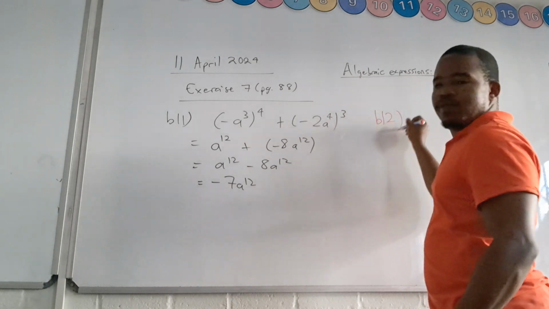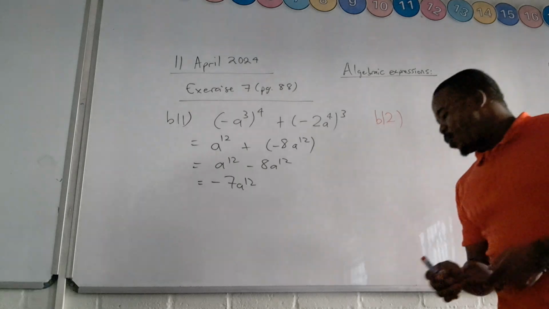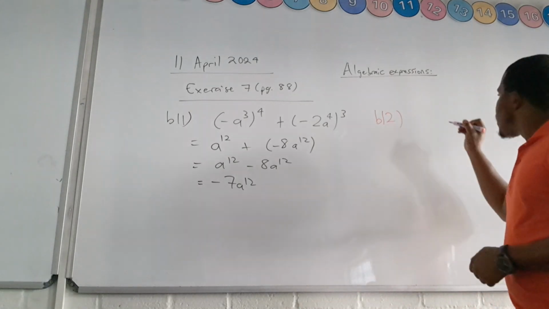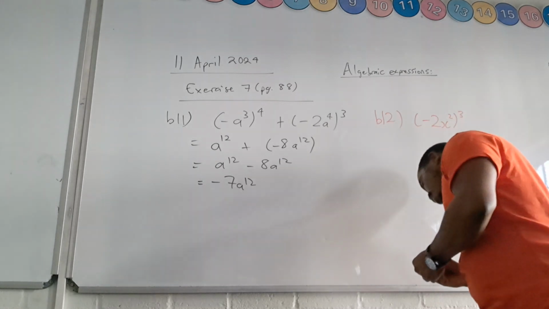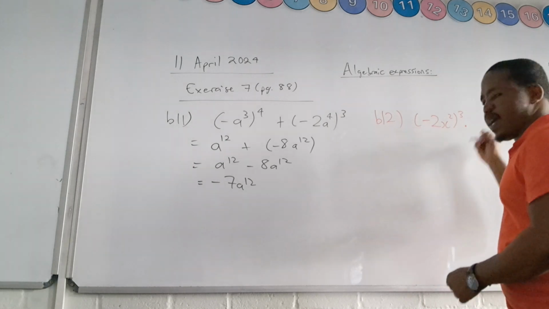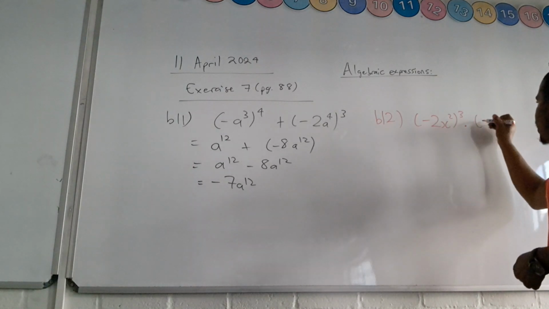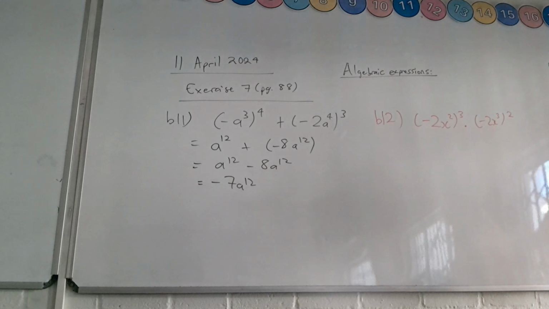B12. With B12, the question says negative 2x squared raised to the power of 3 is multiplied by negative 2x cubed, squared. You see that?